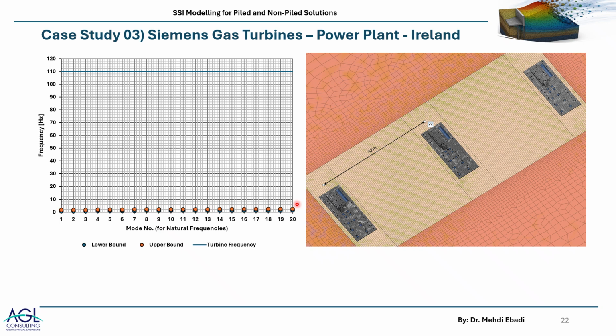When we refer to the codes, we'll see that we should be, depending on the code, between 20 to 25% more or less, below or above the natural frequency of the system. In this case, we are by far in a better position for confirming that the system is in a safe condition.